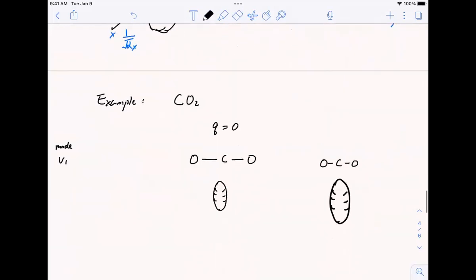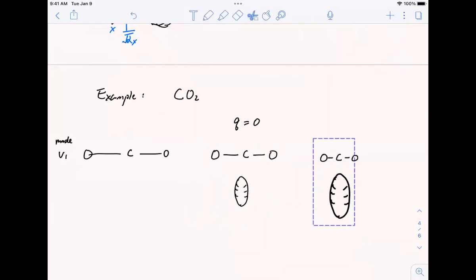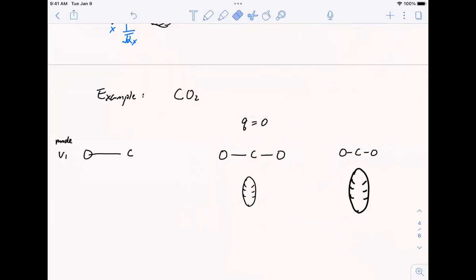But it doesn't really matter. Then on the other end, you get bigger, and this thing will shrink. So you see that the ellipsoid is changing.